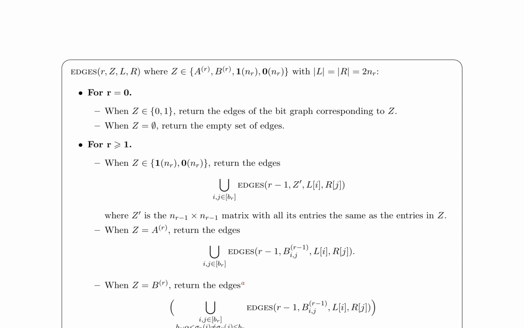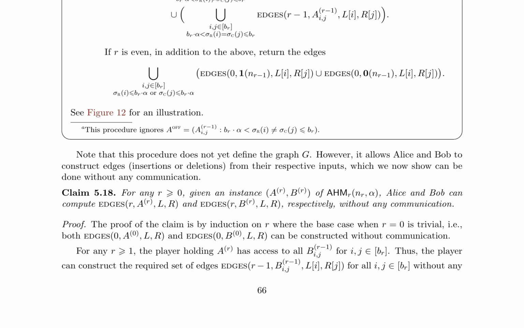If r is even, in addition to the above, return the edges (i, j) element of [b^r] with sigma_r(i) less than or equal to b^r alpha or sigma_c(j) less than or equal to b^r alpha, edges_{r-1}(0, L_i, R_j), union edges_{r-1}(0, L_i, R_j).